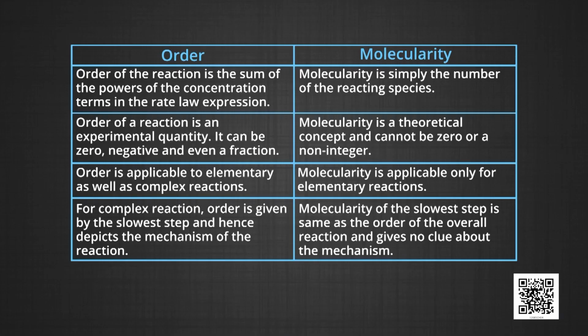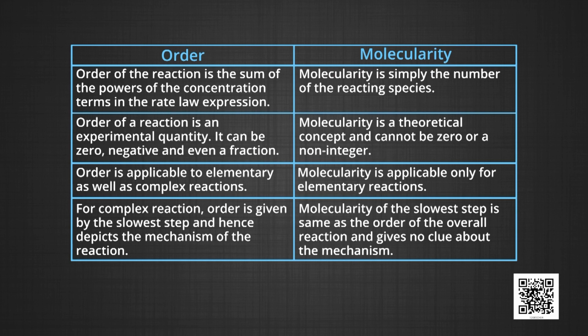First, the order of the reaction is the sum of the powers of the concentration terms in the rate law expression, while molecularity is simply the number of reacting species. Second, order of a reaction is an experimental quantity. It can be 0 and even a fraction, but molecularity is a theoretical concept and it cannot be 0 or a non-integer.